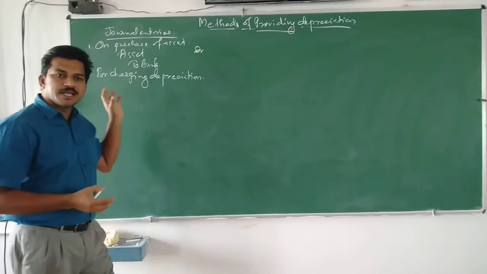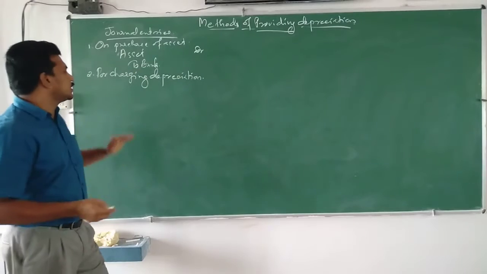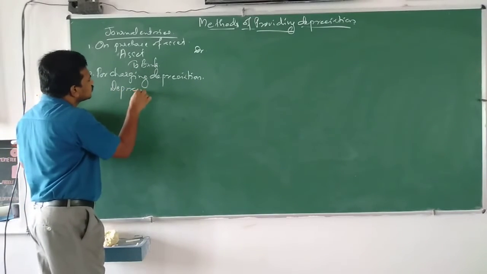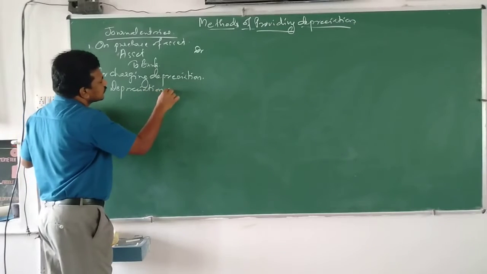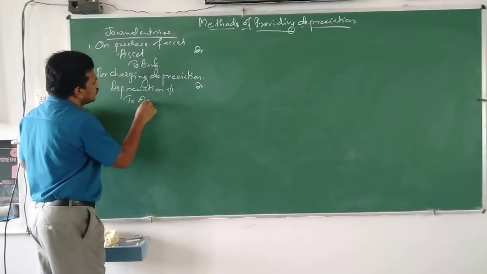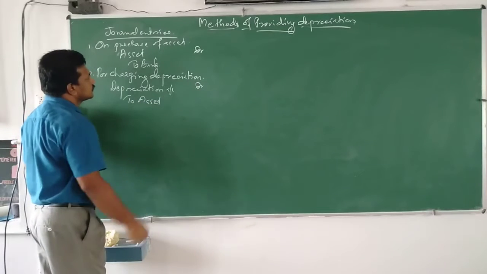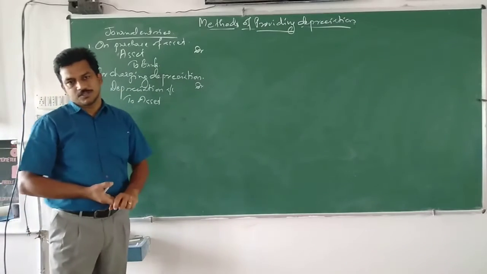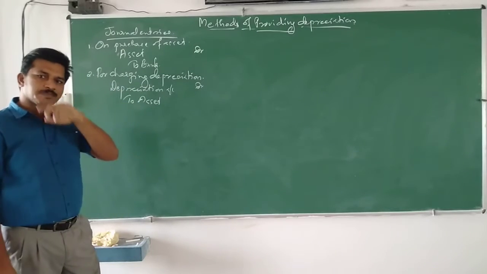So since it is an expense, it can be shown on the debit side. So we will write depreciation account debtor to assets. Okay, depreciation account debtor to assets. Depreciation will be charged to assets.